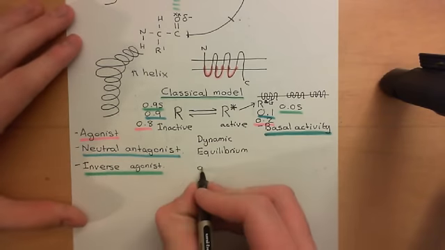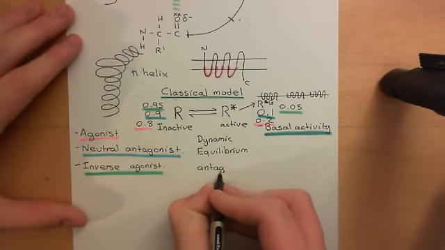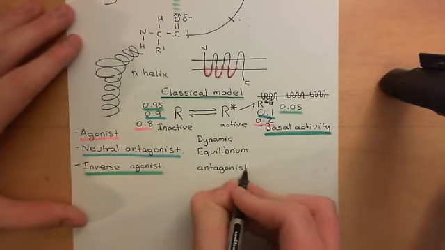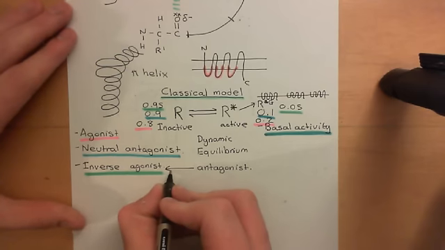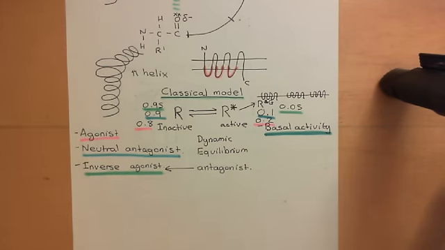And watch it when people say antagonist, okay, because often when we call drugs antagonists, we think of them as neutral antagonists, but often it turns out that they are usually actually inverse agonists rather than this perfect thing of a neutral antagonist.